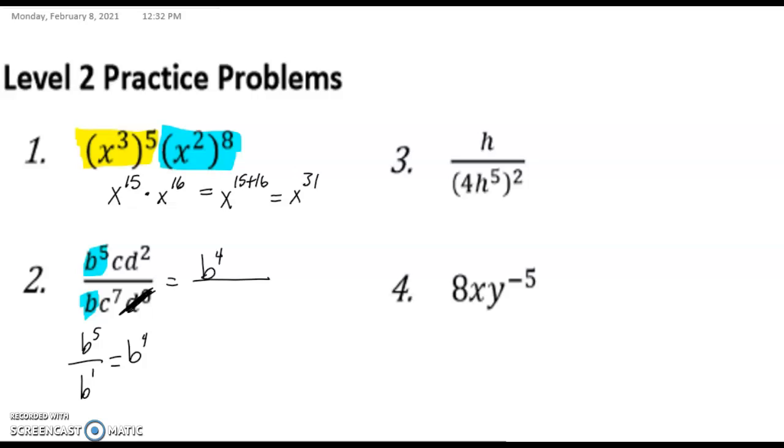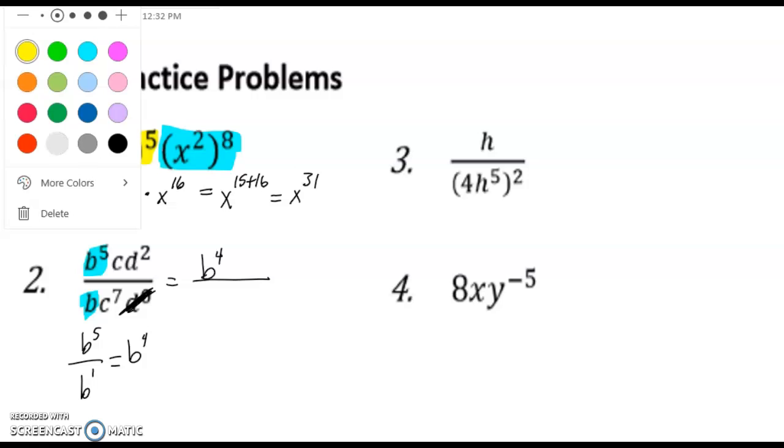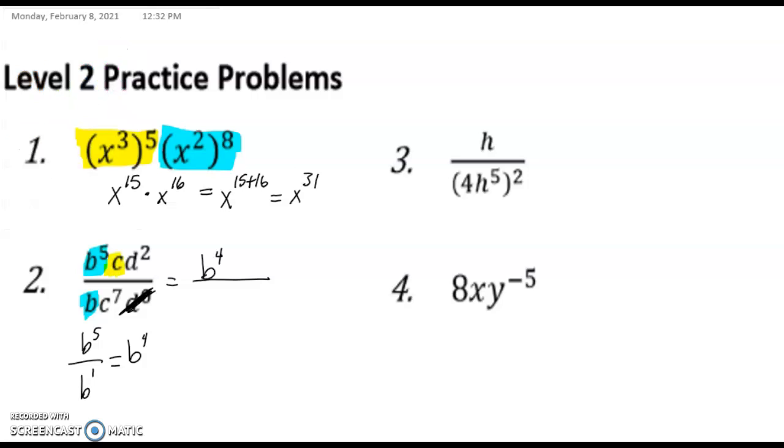Okay, now let's look at the next letter. So let's look at c. If I have c over c to the 7, think of c as c to the 1. Subtract the top exponent minus the bottom. 1 minus 7 is negative 6, so that puts it down here, c to the 6th, because the negative moves it to the denominator of the fraction.